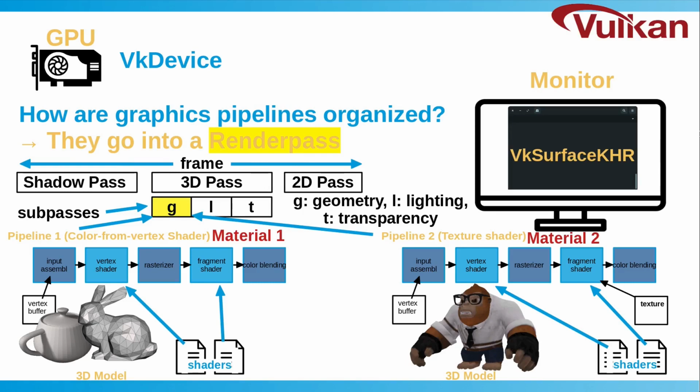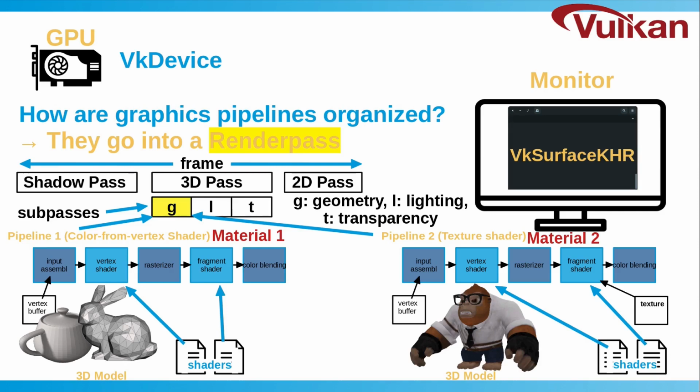Now that we know how the graphics pipeline in Vulkan works, the next question is, how are graphics pipelines organized? The answer is, they go into render passes. To draw a frame, we need at least one render pass, but there can also be a sequence of render passes. And then a render pass can also be divided into subpasses.